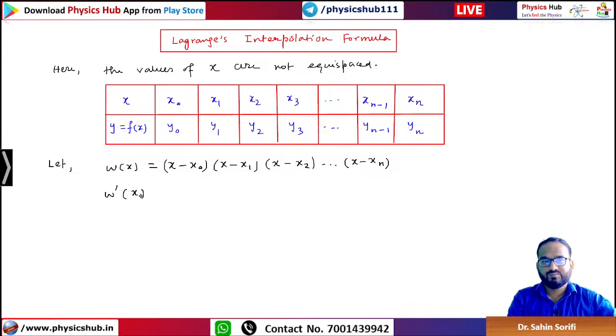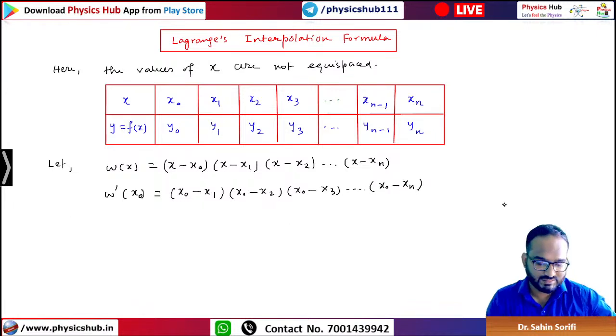So if I put w prime of x0, then how many terms will you get? Look, for all the other terms x minus x0 will appear, so if you put x equals x0, all those terms will vanish. So you get x0 minus x1, x0 minus x2, x0 minus x3, and so on, x0 minus xn.